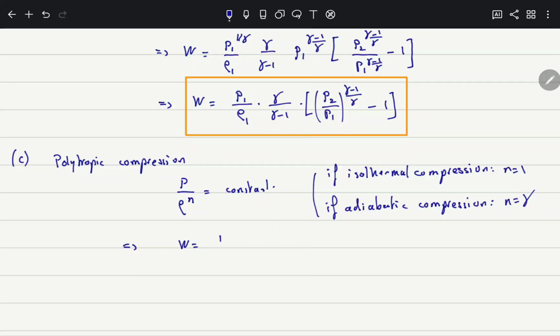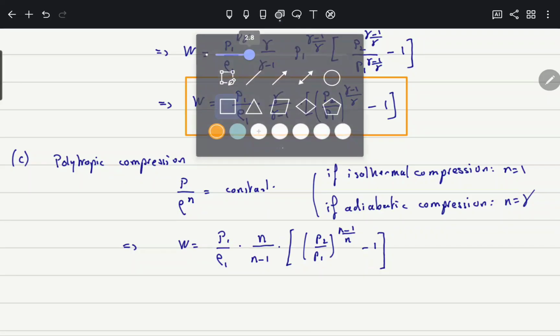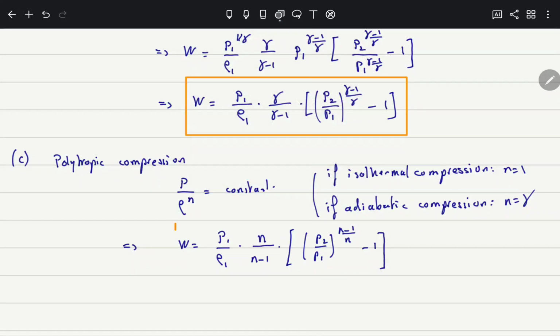We have W equals P1 over rho 1, times n over n minus 1, times P2 over P1 to the power of n minus 1 over n, minus 1. That's the exact same work as in the case of the adiabatic compression, the same integration. And that's it for all the work of compression in the case of compression of gases.